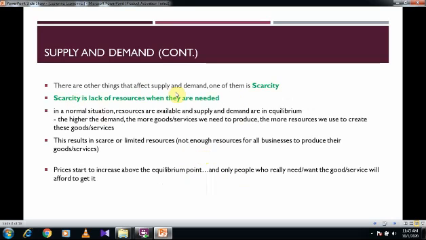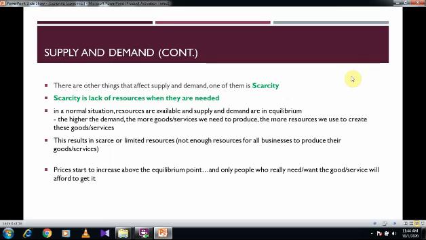There are other things that affect the supply and demand. One of them is scarcity. Scarcity is the lack of resources when they are needed. In normal situations, the resources are available for the suppliers anytime, anywhere they want. But what happens if there are not enough resources to produce the goods?